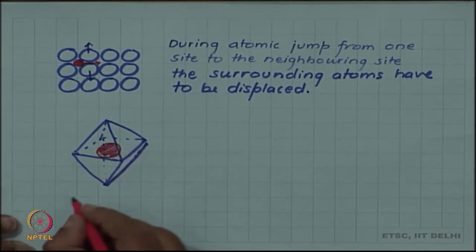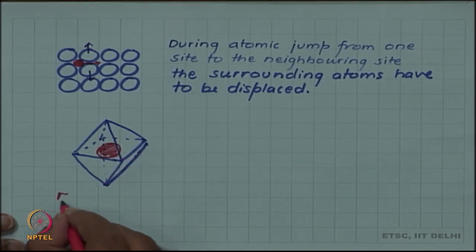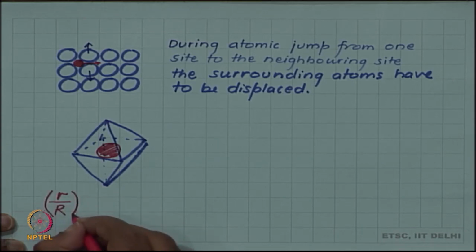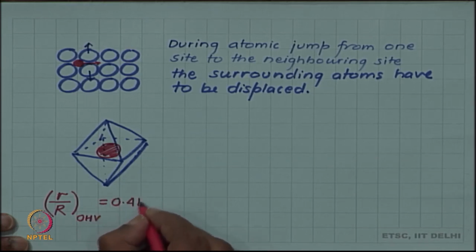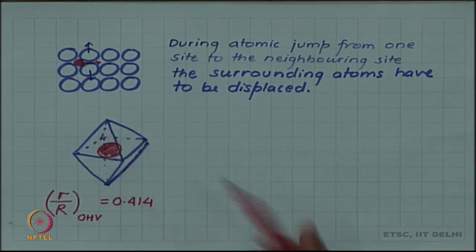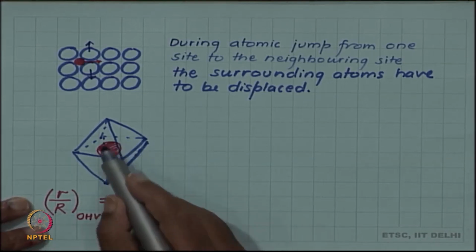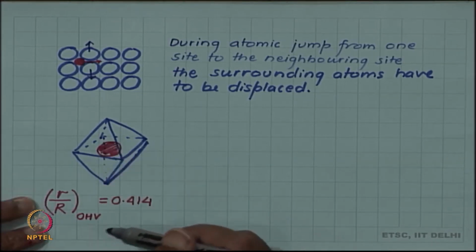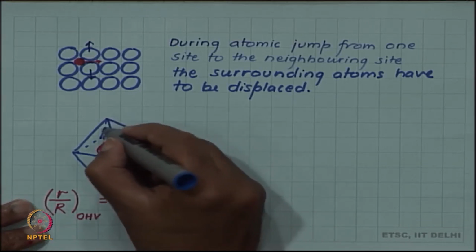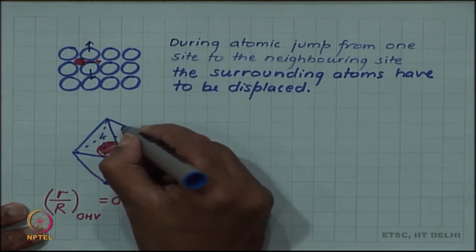The void size, if you remember, the largest atom which can fit the octahedral void has a ratio of 0.414. So, an interstitial atom of about 40% the size of the host atoms can fit into this octahedral void, but then the host atoms are sitting at the corner.